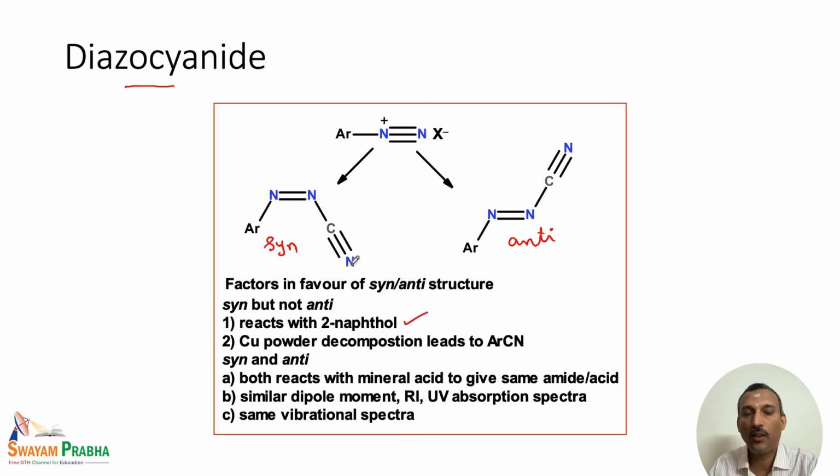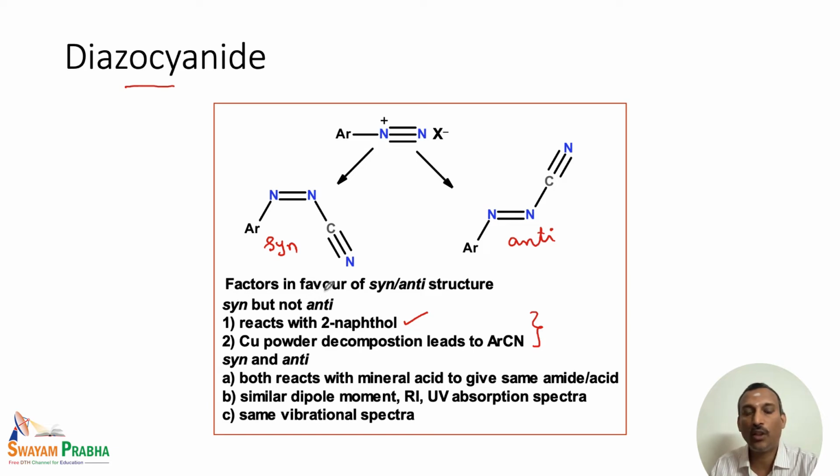In the previous case also we had seen phenol reactivity. When we look at the reactions of diazo compounds, we will see how the reaction actually proceeds. And the copper powder decomposition leads to aryl cyanide. So these two reactions prove that the syn but not the anti structure is possible.